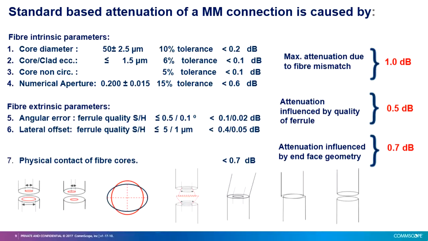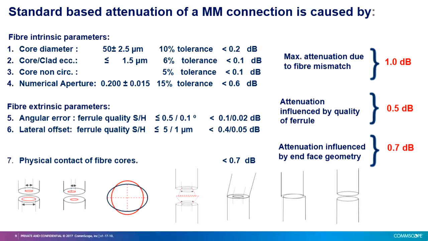Then attenuation influenced by the quality of the ferrule. Actually, the connector comes with the ferrule, right? That ferrule also has a certain attenuation, which should be within 0.5 dB. Then attenuation influenced by the end-face geometry, which we normally talk about as angled polish or physically polished contact, is 0.7 dB. So these are the values defined by the standard.